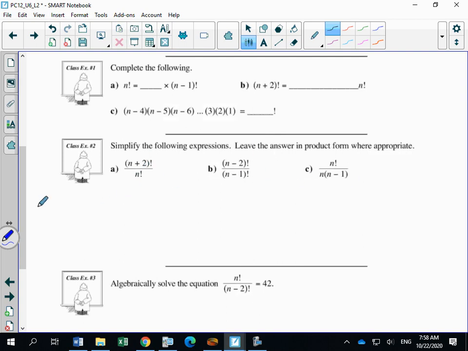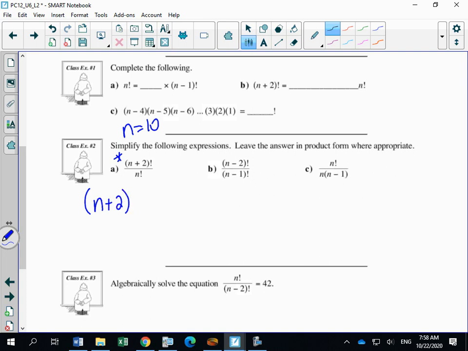Okay, so again, let's pick the number 10 for n and figure out which one I start unzipping. So I've got n plus 2, and I've got n. If I had 10, this would be 12, and this would be 10. So you always start unzipping the larger, which would be this one here. How you would do this one is you would say n plus 2 is the first one.